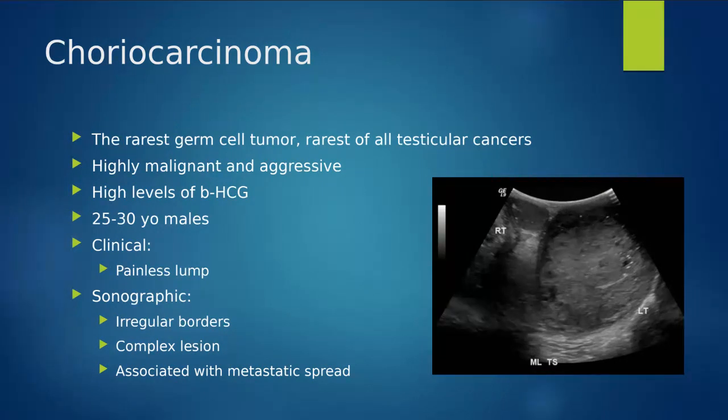Here's our right testicle, and we are using our curved transducer, and look how large that left testicle is in comparison to that right testicle. So it's super, super aggressive and can get very large and complex and irregular, metastatic spread, all that nastiness.